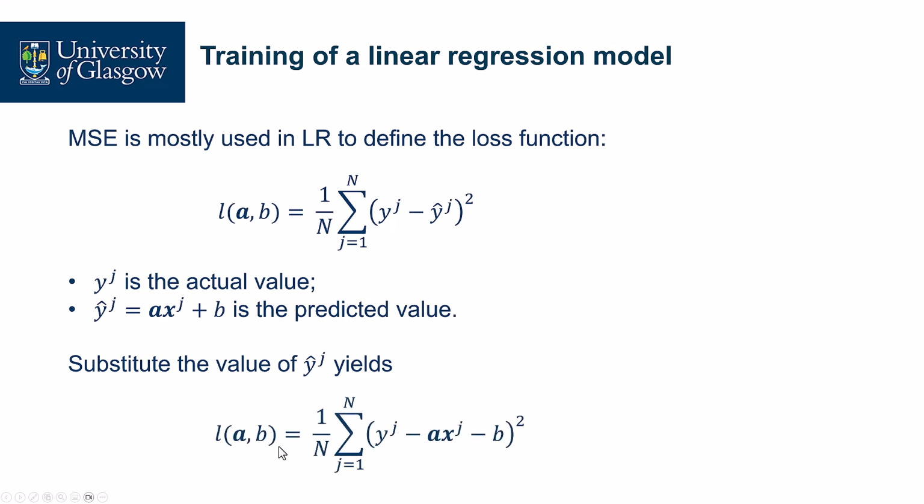We can see the loss function becomes yj minus a multiplied by xj minus b. So a and x are vectors, right? This is the loss function of the linear regression model using mean squared error.